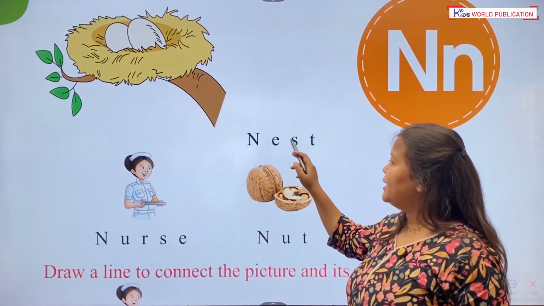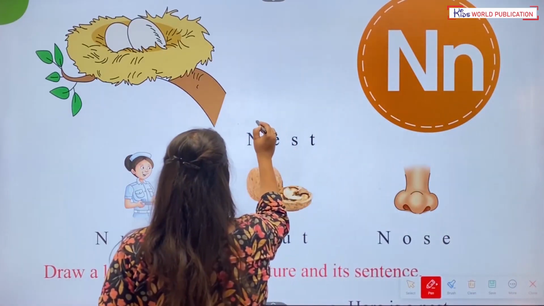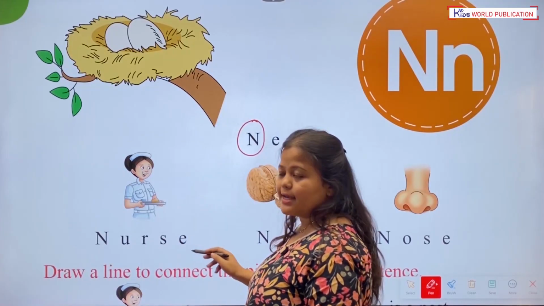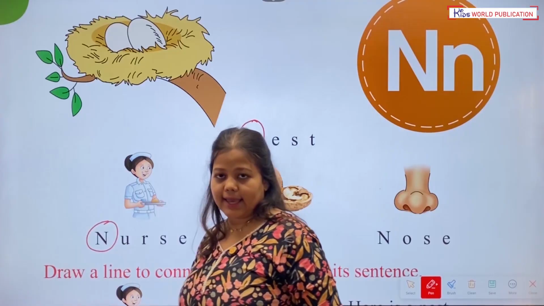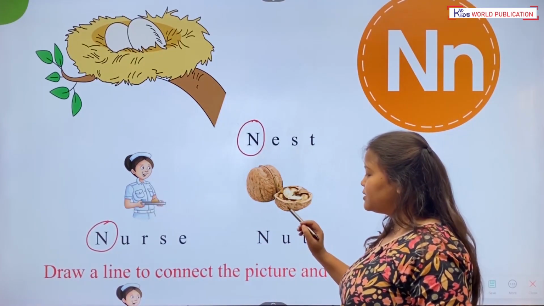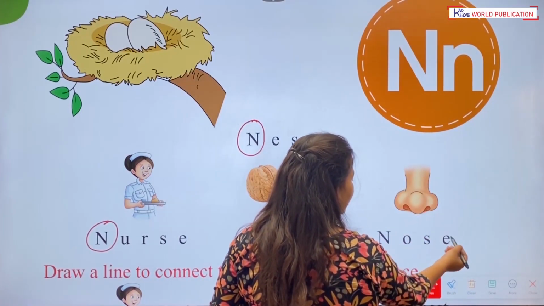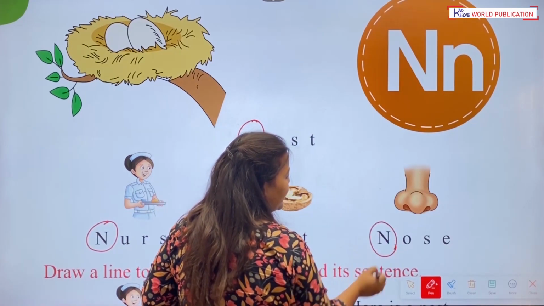Nest, N-E-S-T, nest. So draw the circle around the letter N. Nurse, N-U-R-S-E, nurse. We'll draw the circle around the letter N. Nut, N-U-T, nut. Draw the circle around the letter N. Nose, N-O-S-E, nose. So, we'll draw the circle around the letter N.